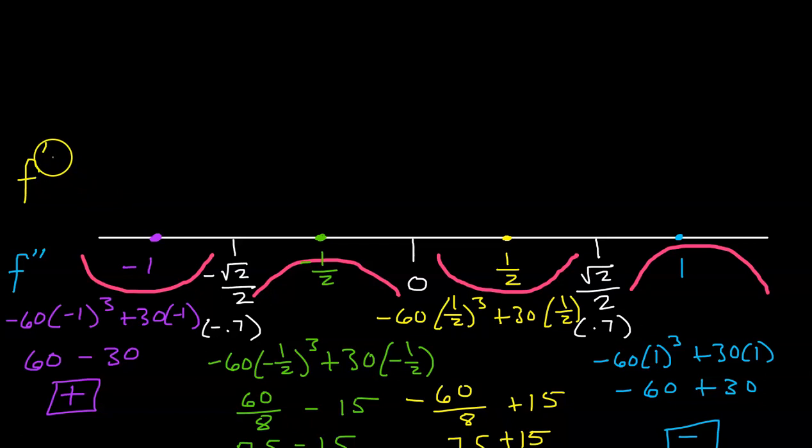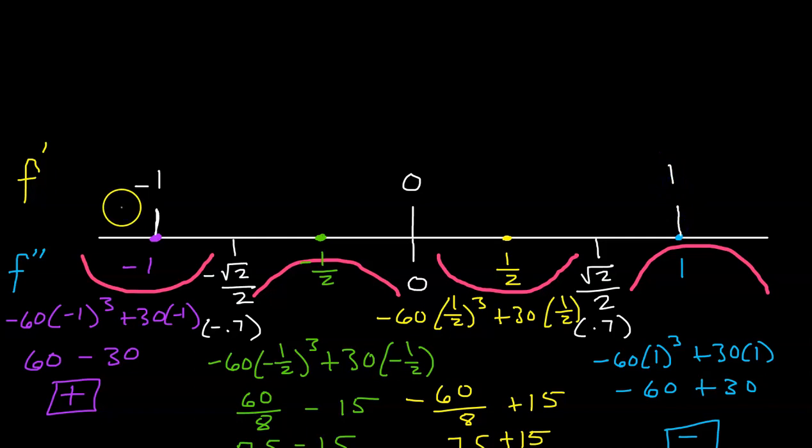Notice that I'm labeling this side of the number line as f prime to show that the critical numbers that I write up here are critical numbers associated with the first derivative. So the critical numbers were negative 1, so I'm going to put a big old negative 1 right here. All right, we did have a critical number at 0, again, and we had a critical number at positive 1.